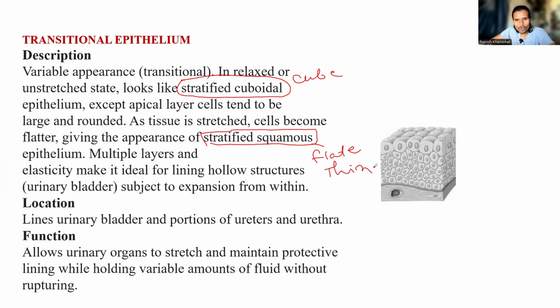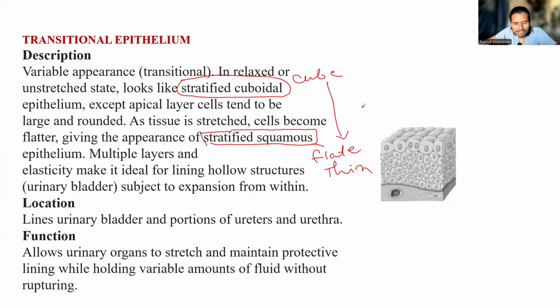And you know, flat and thin appearance is of squamous epithelium. So initially they look like a cube, but later, when you stretch it, they look like flat, thin, squamous tissue. What you see is called transition, a transition from cube to flat, thin cells. And this is the reason we call them transitional epithelium tissue.